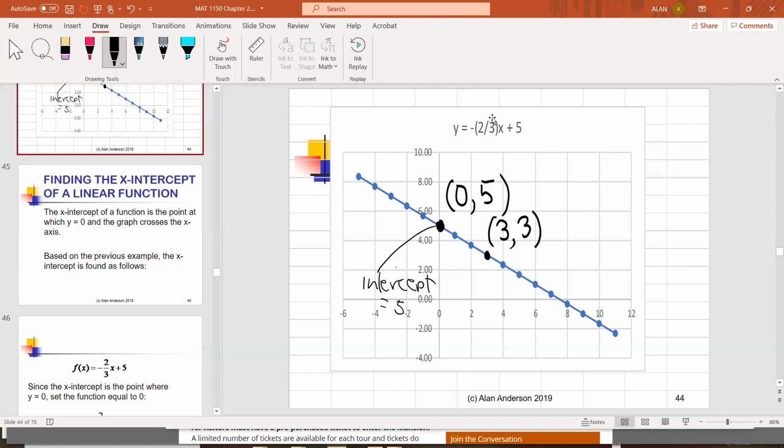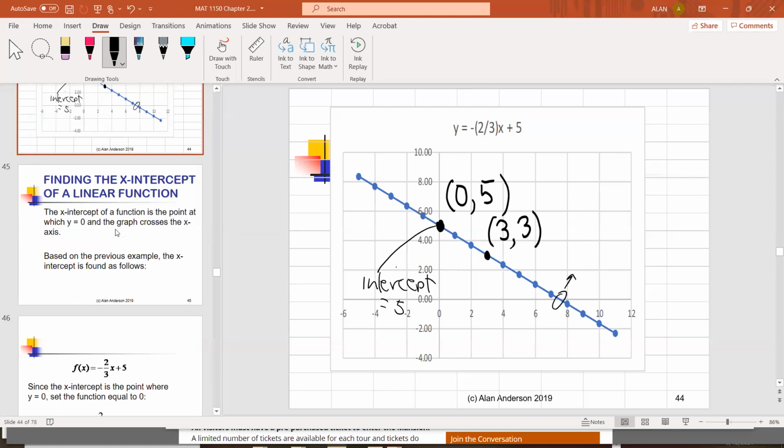Now, here's an interesting application. Sometimes it's important to know not the vertical intercept, but what we will call the horizontal intercept. In other words, we might want to know where the function has a y value of 0.